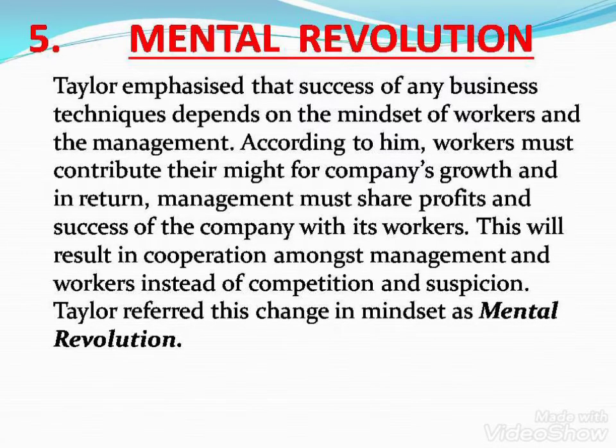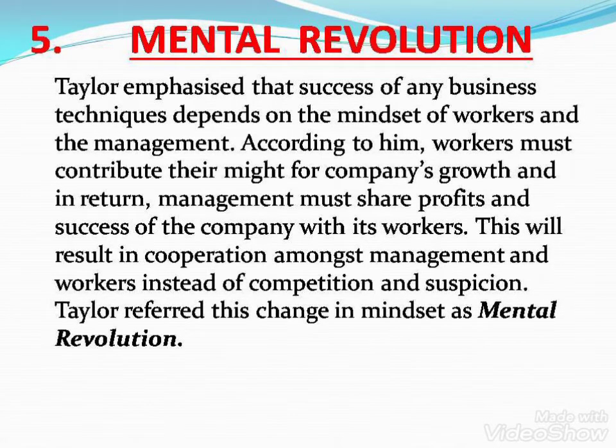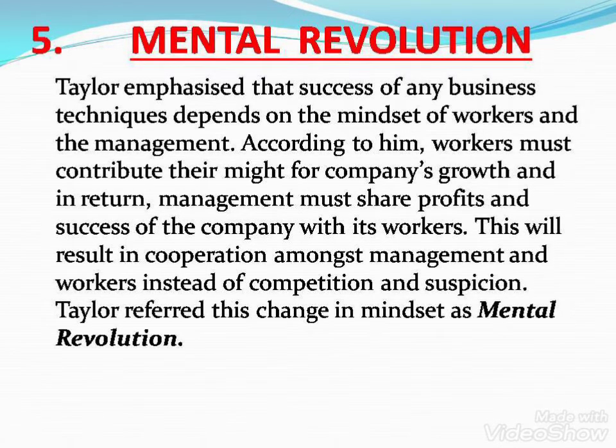Management and labor suspect each other and usually seek to trick each other. Such feeling of suspicion or prejudice has to be rooted out to adopt systematic thinking on effective management based on motivation, consistent with efficiency and discipline.